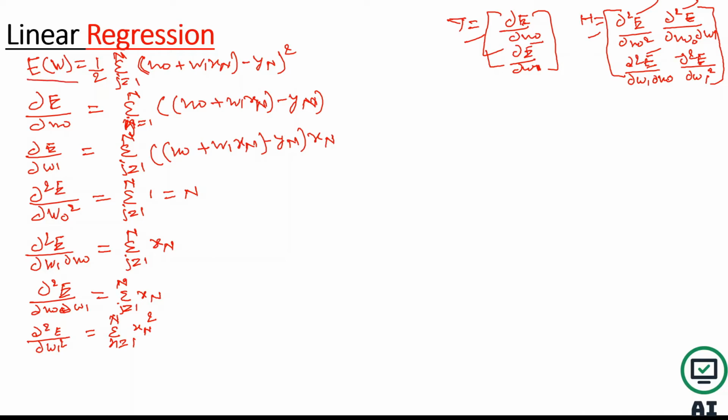So this is the error function, which is nothing but half summation of i equal to 1 to capital N, (W0 plus W1 xn minus yn) whole square.